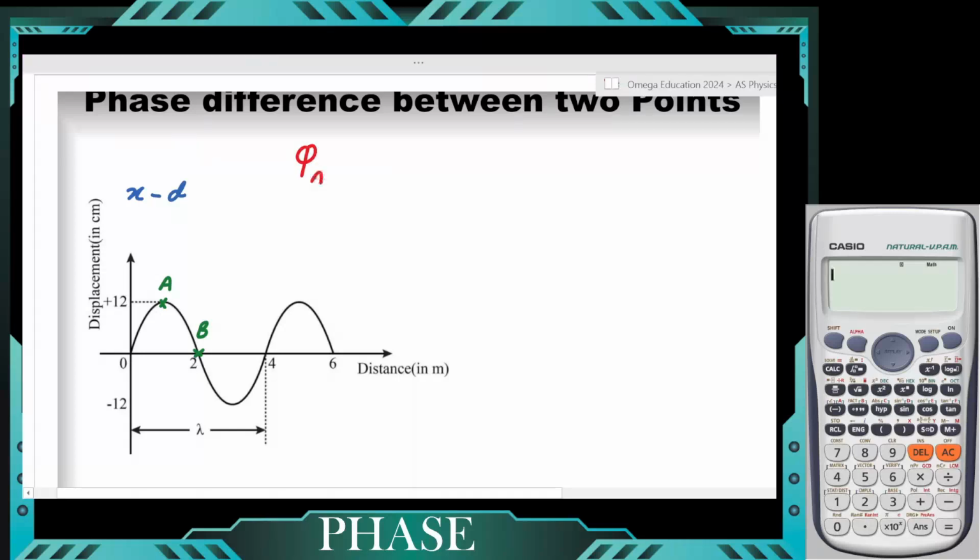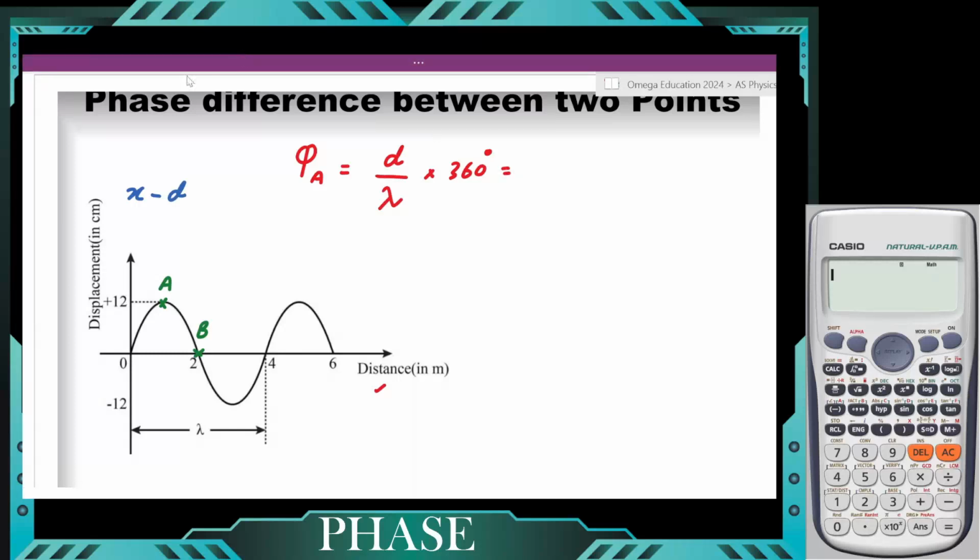So let me first find the phase of the point A. I'll just take a look at the graph and then I'll recall which formula should be used, and I can see, because we are provided with distance, I can use this one: given distance divided by wavelength of the wave times 360 degrees.